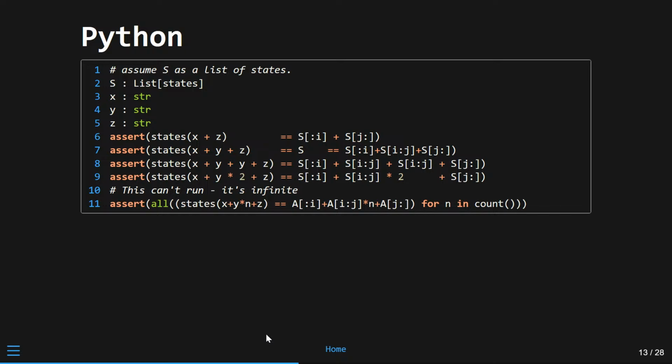We fixed y to be greater in length than 0, so it is necessarily smaller. So the states of x plus z are up to i and after j. The states of x plus y plus z are up to i, i to j, and j onward. For x, y, y, z, it's up to i, i to j, i to j, and then j onward.